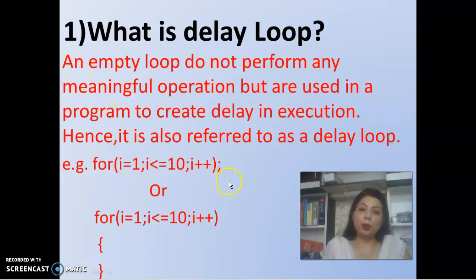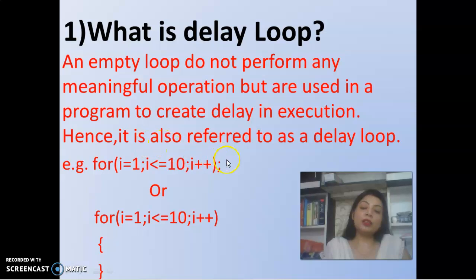An example of a delay loop is, suppose i = 1, i <= 10 and i++. And here I am giving one semicolon. In the for loop line there is normally no semicolon, but purposely I give one semicolon because there is nothing to execute in this loop.